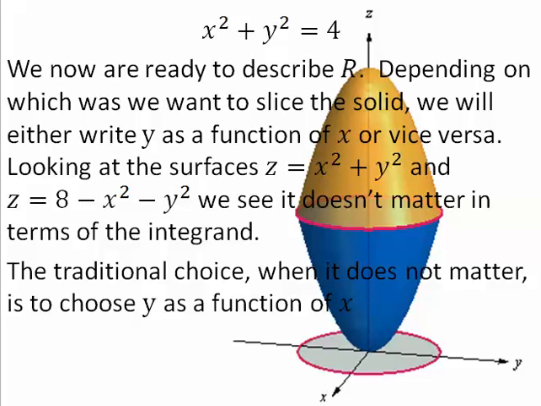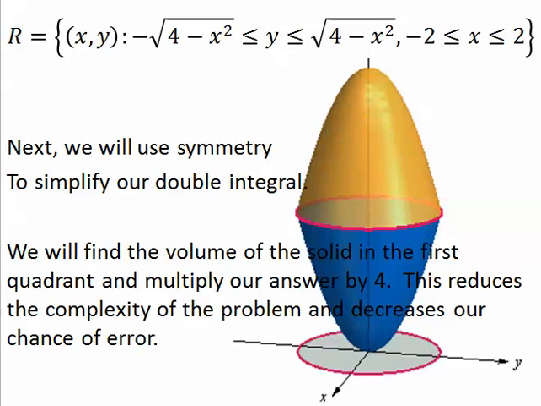The traditional choice, when it does not matter, is to choose y as a function of x. In that case, we're slicing perpendicular to the x-axis. So we write our region this way. The bounds on y are written as functions of x, and x is just going to vary from -2 to 2.